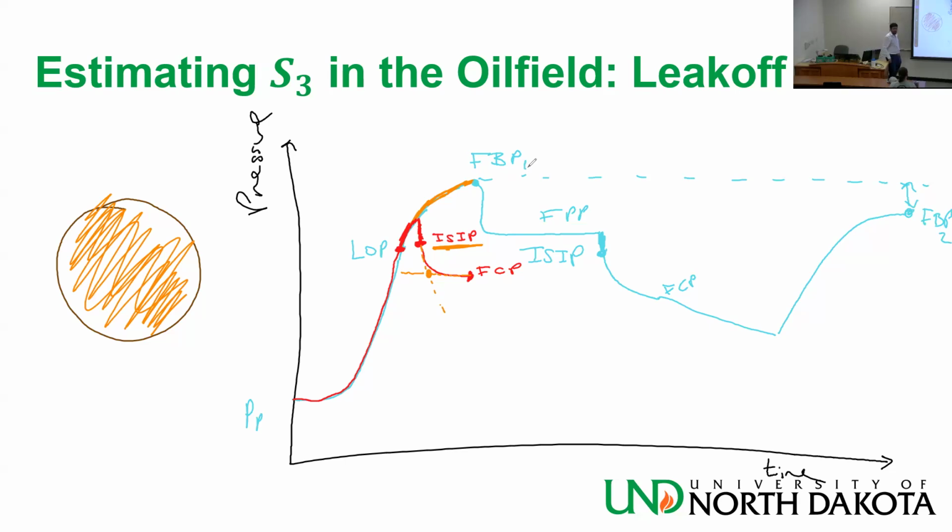Fracture initiation? Related to that? No, the difference is actually the tensile strength of the rock, which we are going to talk about later on in class. It's what you need to break the rock.